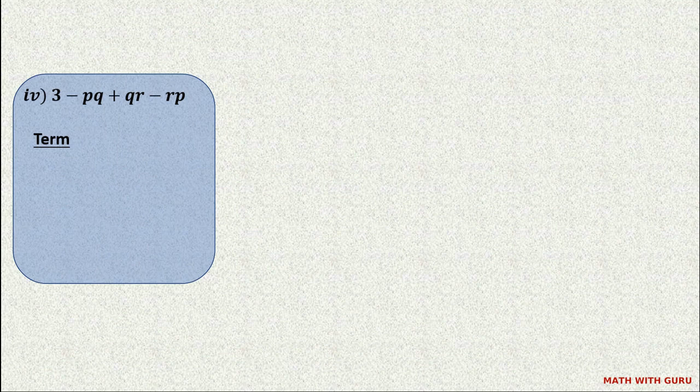Here the terms are 3, minus pq, plus qr, we don't write plus sign there, minus rb. And what are the coefficients? 3, minus 1, minus pq means minus 1 pq. qr means 1 qr. Again here it is minus 1.